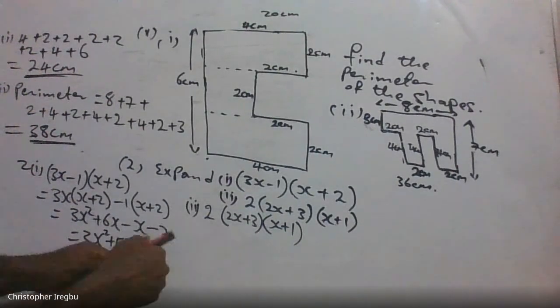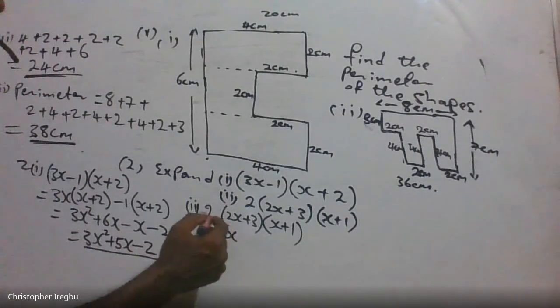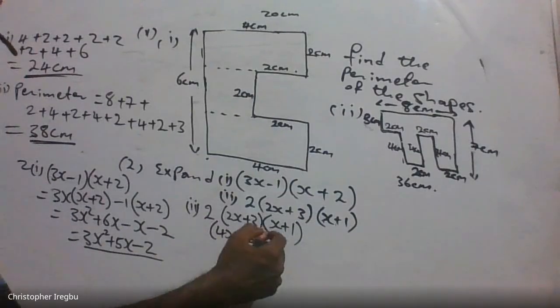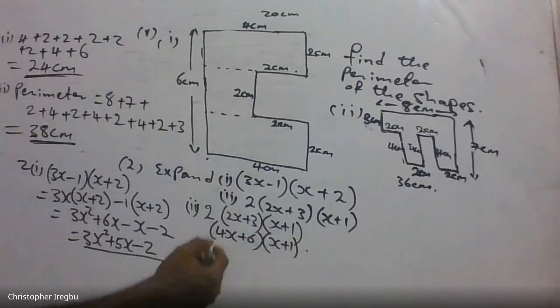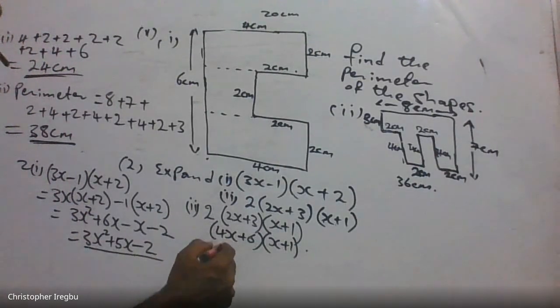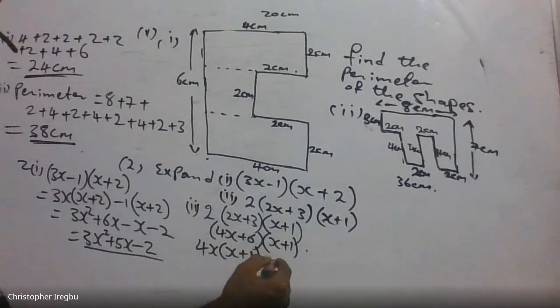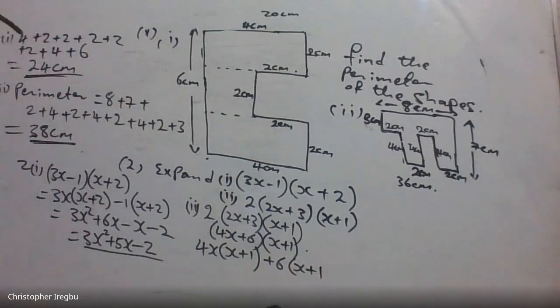To open this first bracket with 2, you are going to have 2 times 2x is 4x. 2 times 3 is plus 6. We now have something like this. We now open the second bracket, x plus 1. So here now, just as we did here, you do 4x into x plus 1, then plus 6 into x plus 1.